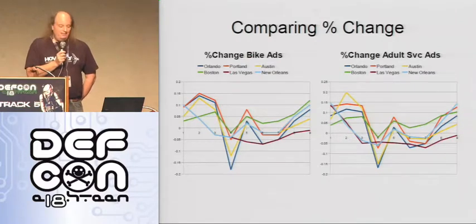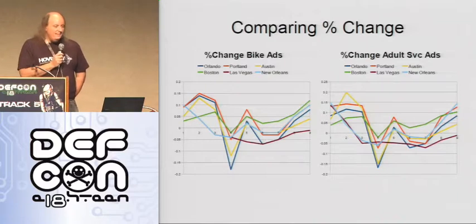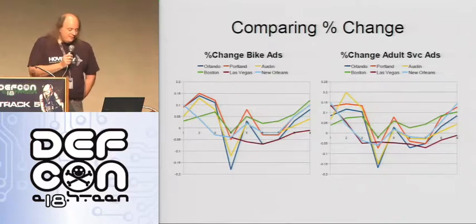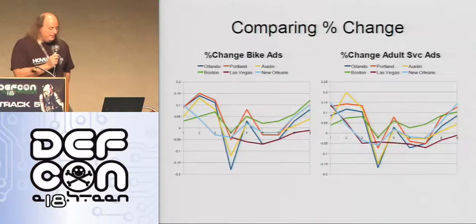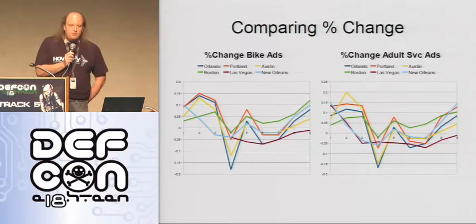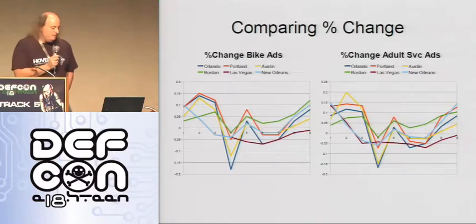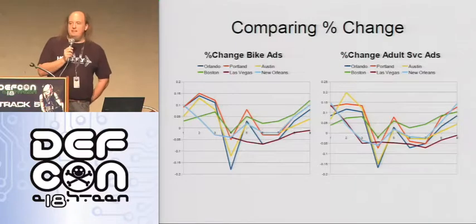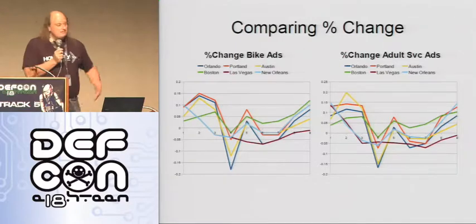I'm not quite sure why that is, but it's out there in the data, and they mirror each other amazingly well. I was kind of shocked and fascinated to find that.